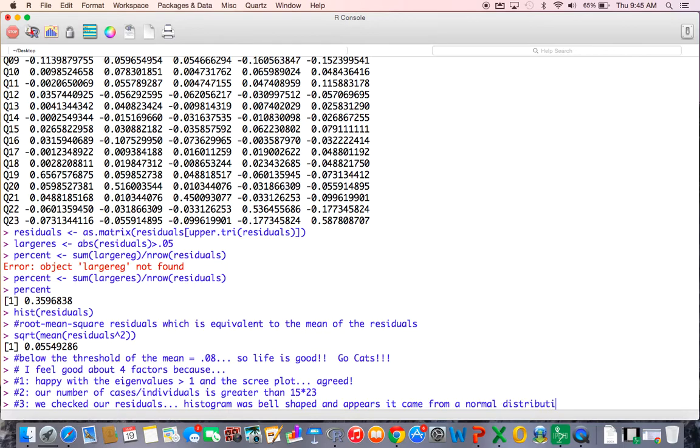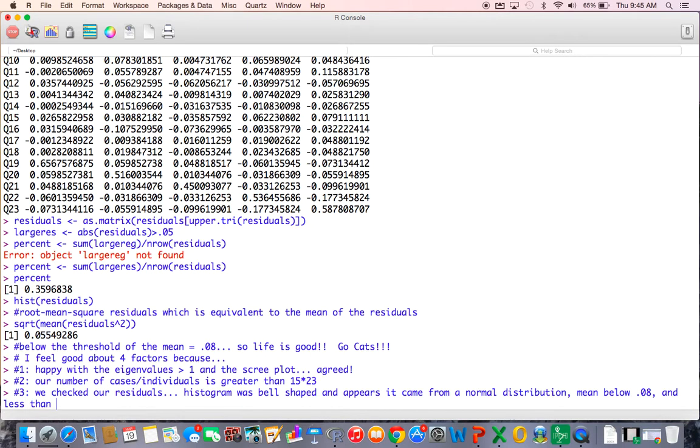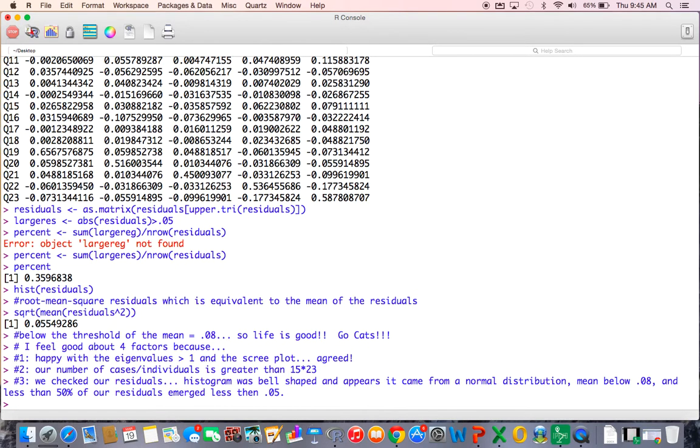Our mean was below 0.08 and less than 50% of our residuals emerged greater than 0.05. Okay? So I'm feeling good about this stuff.